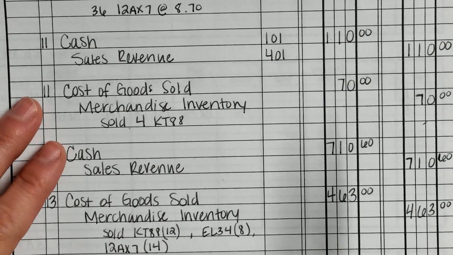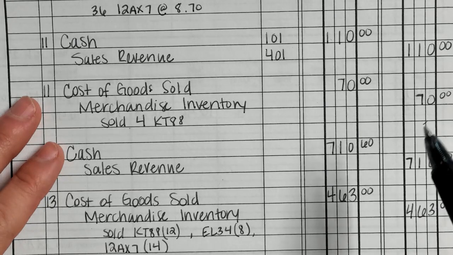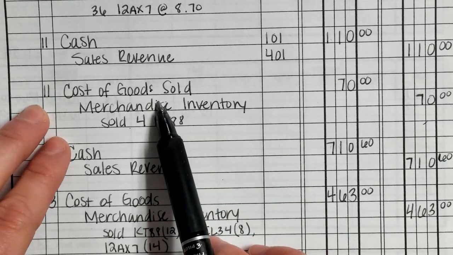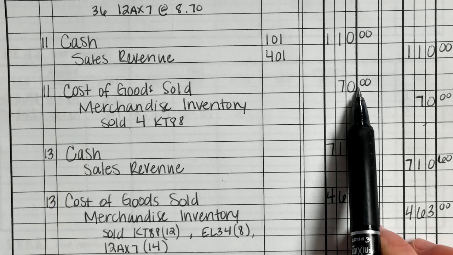Head nod when that one's done. Alright, let's do the next part of the 11th. Cost of goods sold, debited, 70.